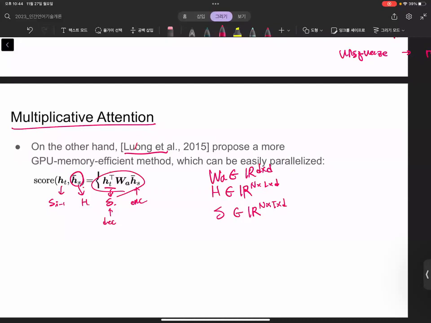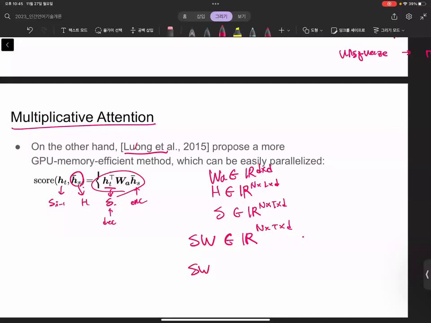Okay, so if we want to compute S and W first, then this will be n by t by d, right?